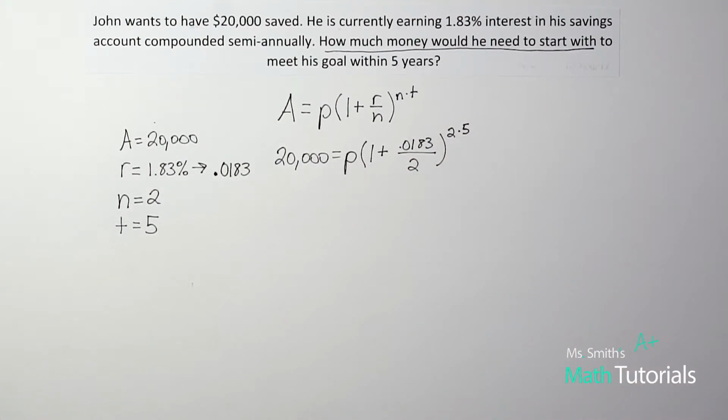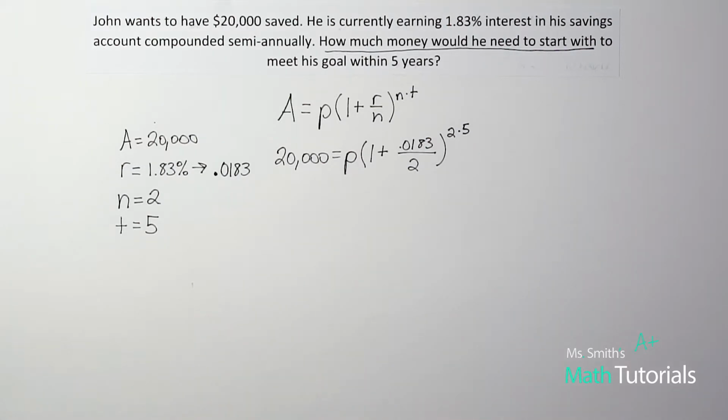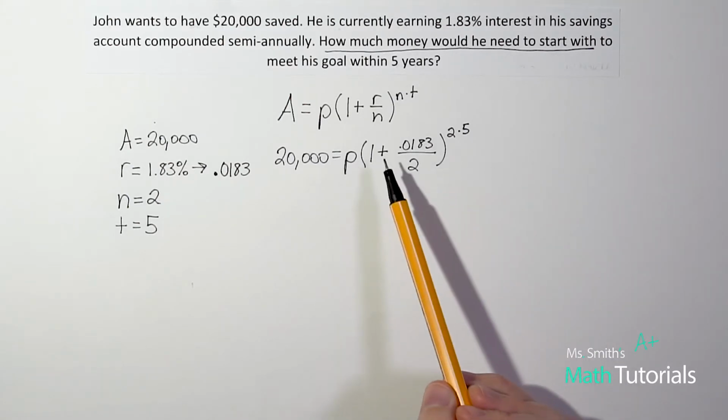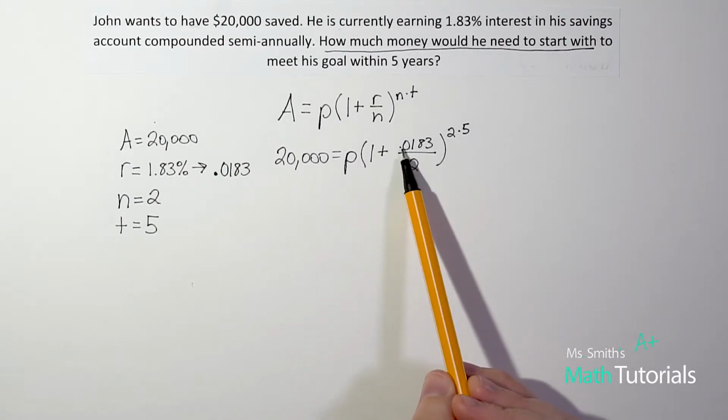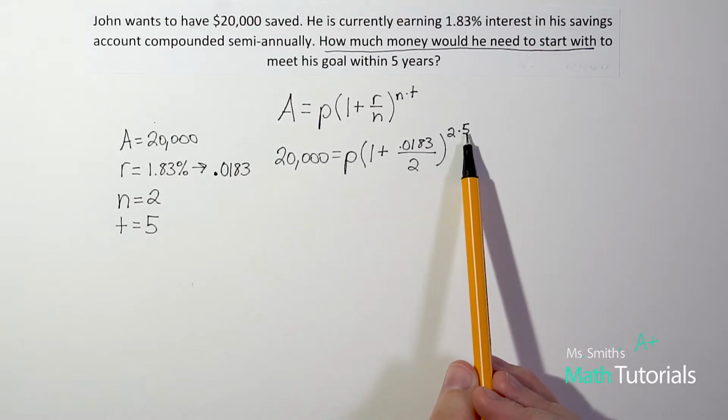So now how in the world would we solve that for P, right? Because I can't just type that into the calculator now like I did the other ones. This one's a little more challenging. So I'm going to have to figure out what I can simplify within this equation. And hopefully you're seeing that this 1 plus 0.0183 divided by 2 brought to the power of 2 times 5.